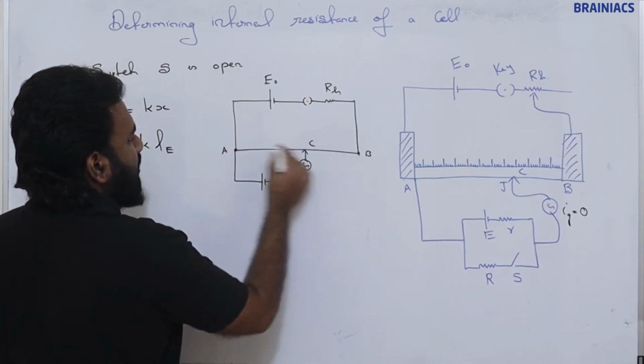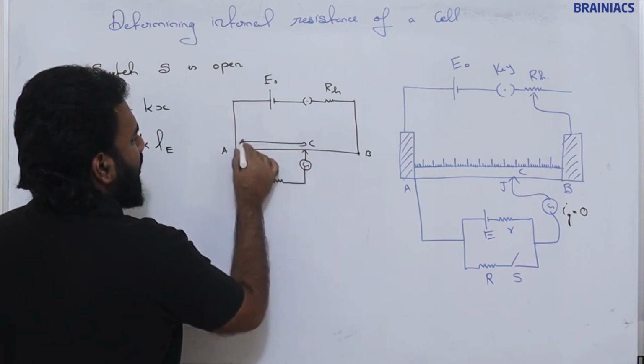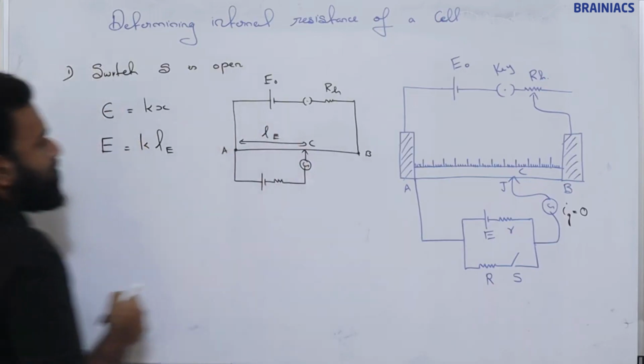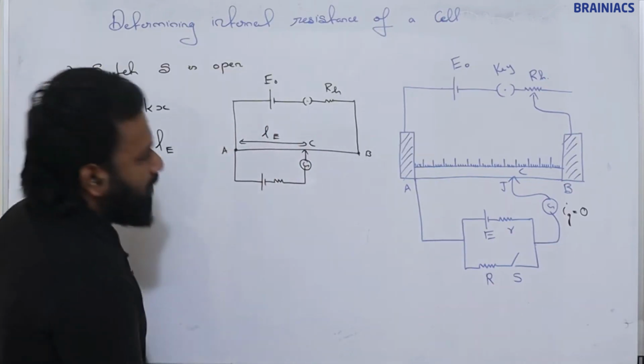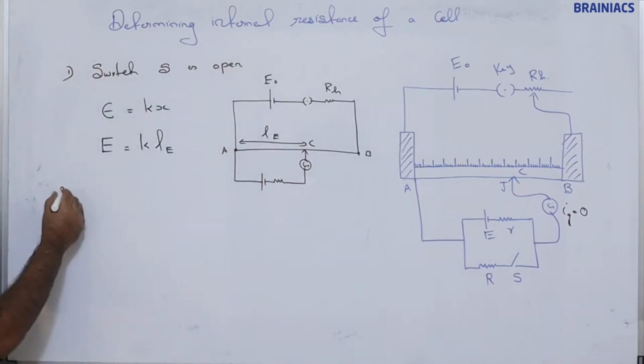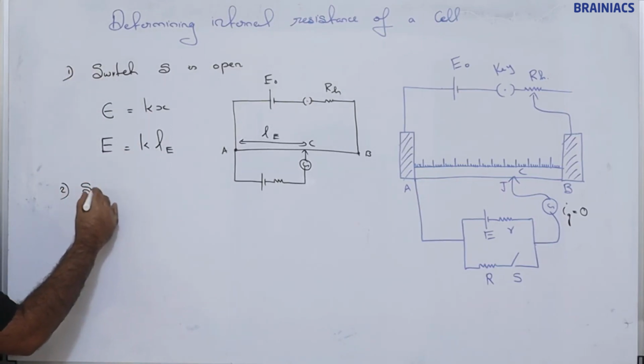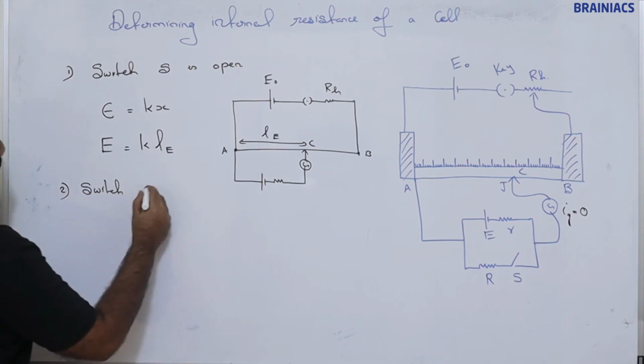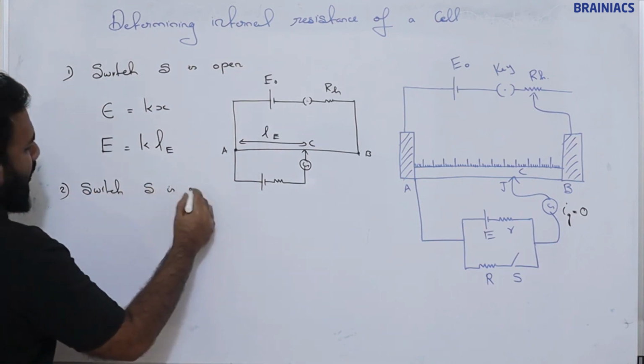So this length AC we have taken as LE. Clear? Only that much is there. Done. Now number 2, switch S is closed.